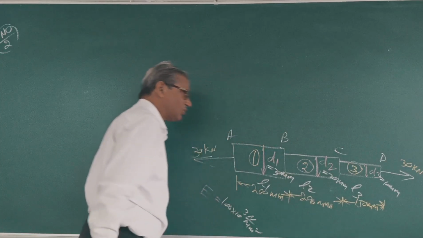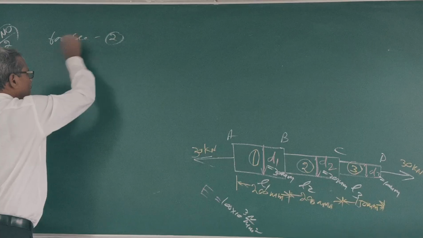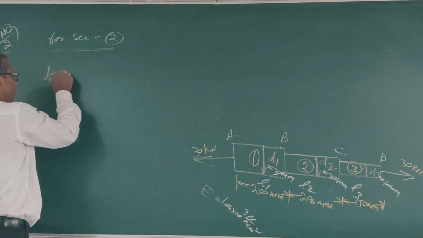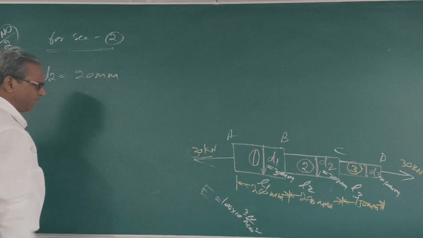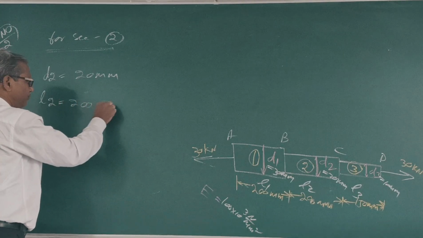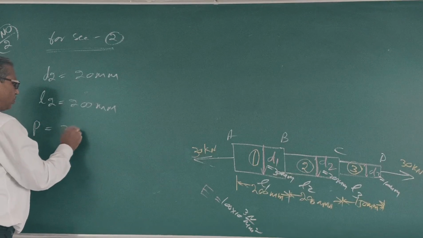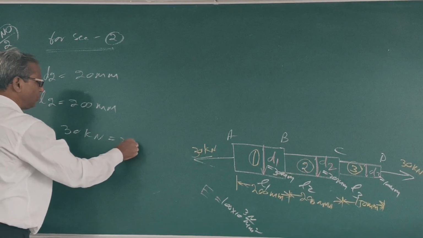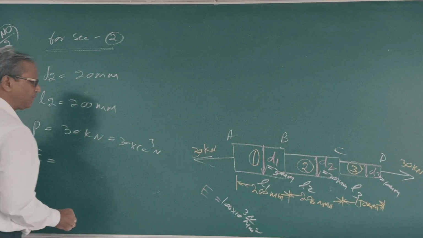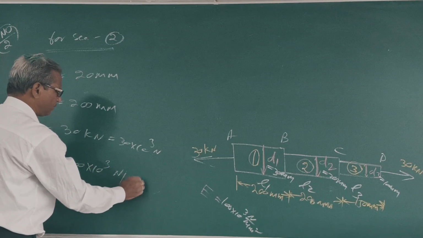Similarly, for section 2, what is A2? What is D2? 20 mm. Clear? What is L2? 200 mm. Clear? P is same. What is P equal to? 30 kilonewton, 30 into 10 to 3 Newton. What is E equal to? Same material, so 100 into 10 to 3 Newton per mm square.